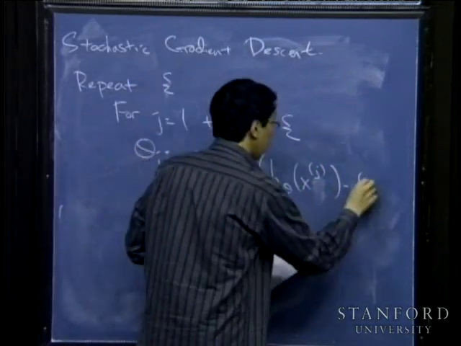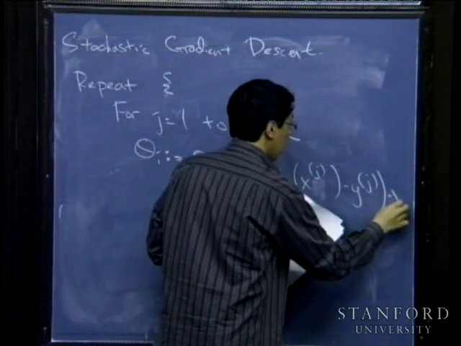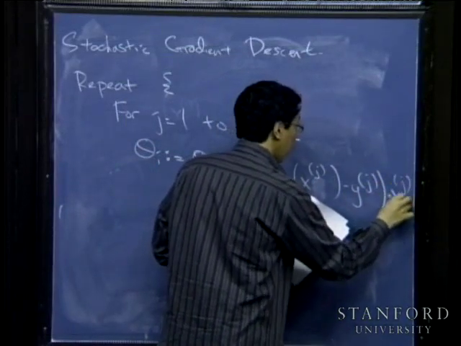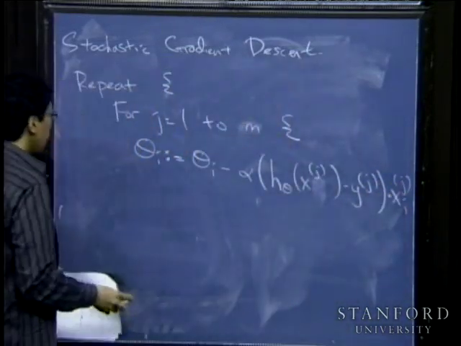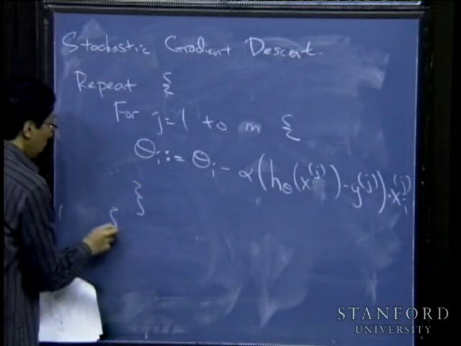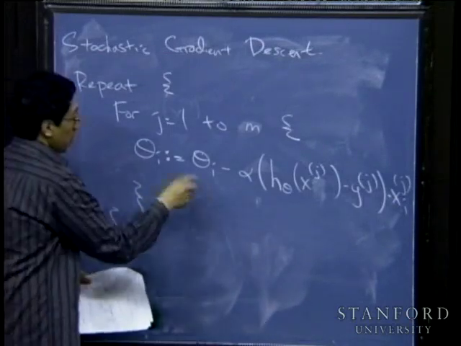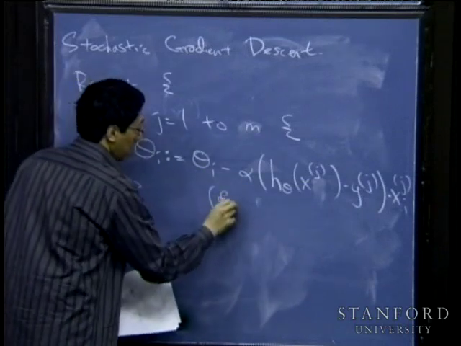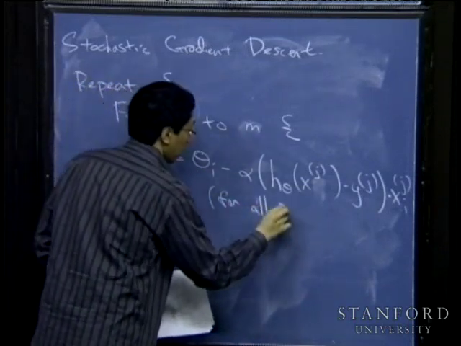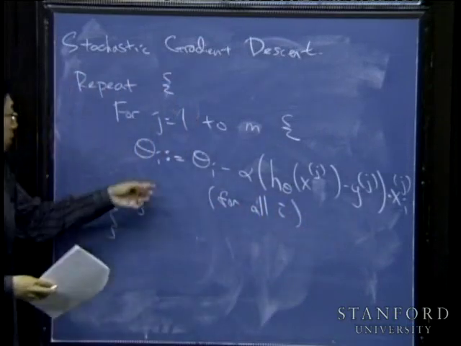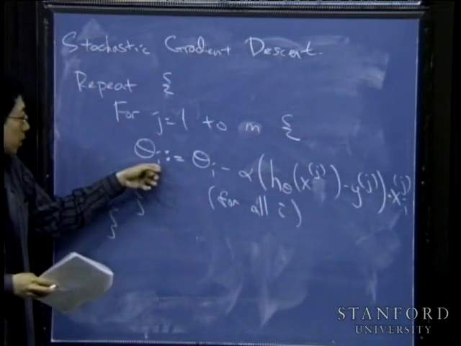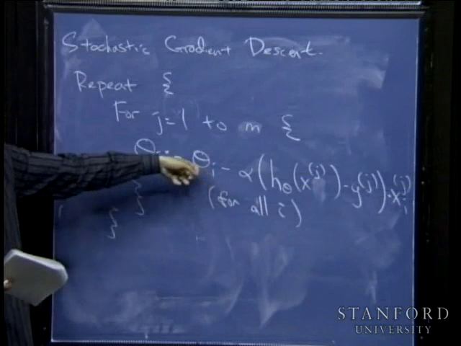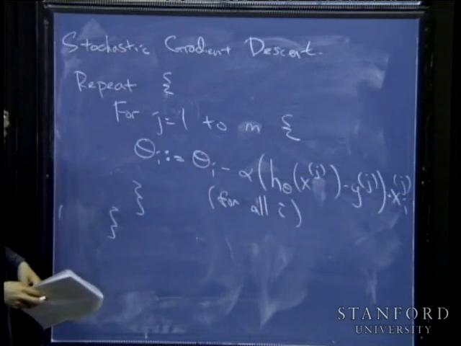And as usual, you update all the parameters theta. So you perform this update for all values of i, meaning for i indexing the parameter vector, you perform this update for all of your parameters simultaneously.